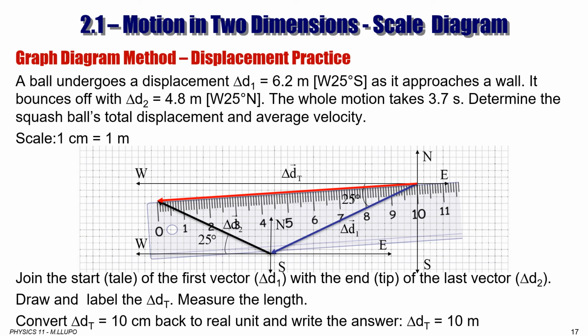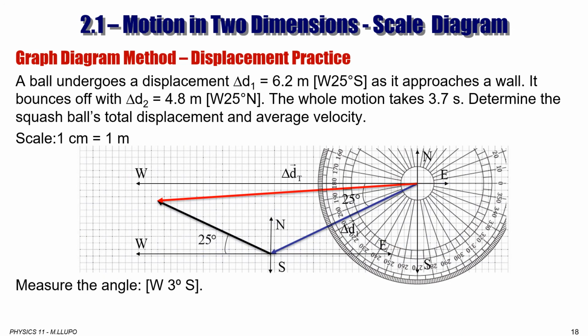You have to convert it back to the real units, using the same scale. So 10 centimeter, converted back, would be 10 meter. Then you can write exactly what it should be: total displacement is equal to 10 meter, not 10 centimeter, 10 meter.